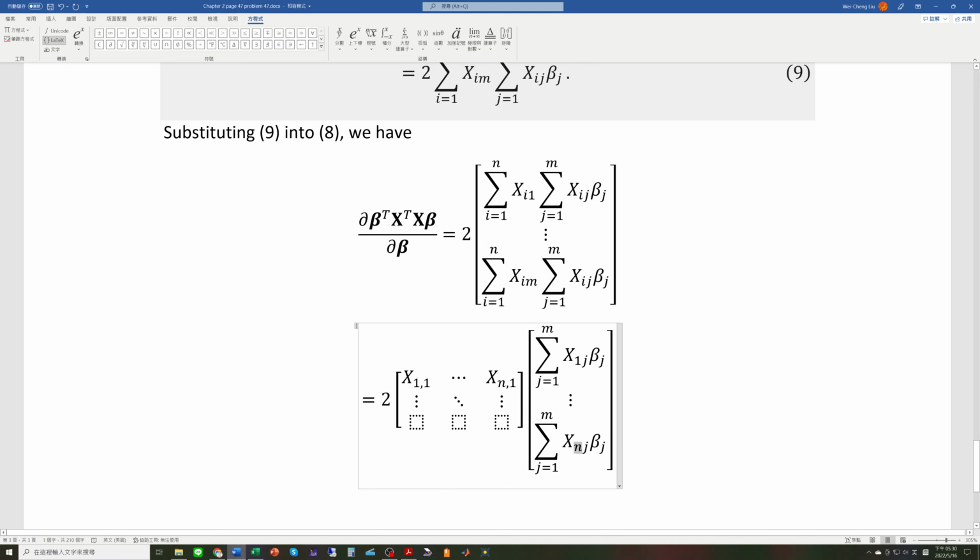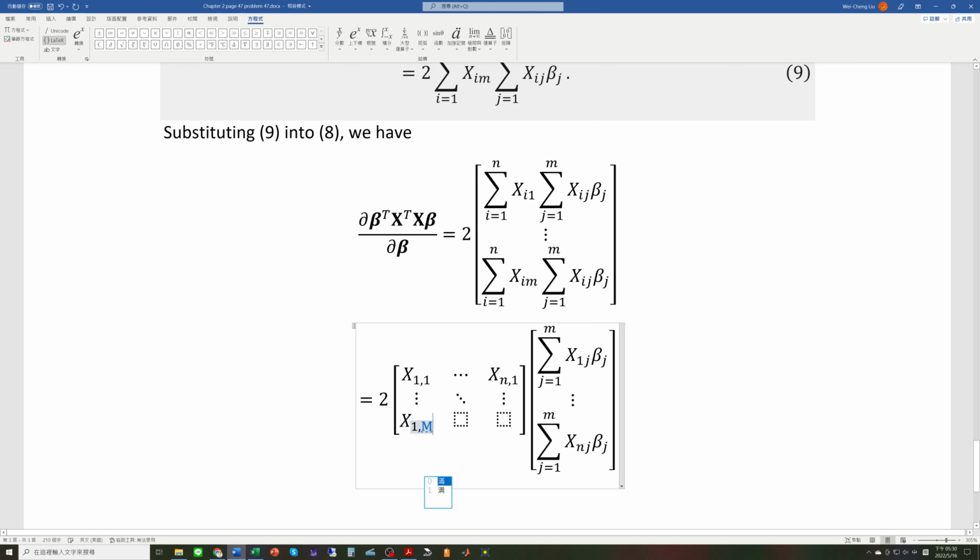For the last column of this matrix, we can see that x_i1 is changed to x_im. So all we need to do is copy x_11 and change the second index to m.